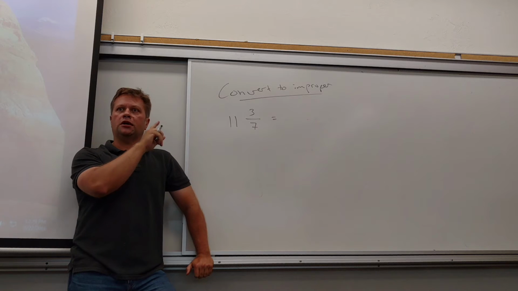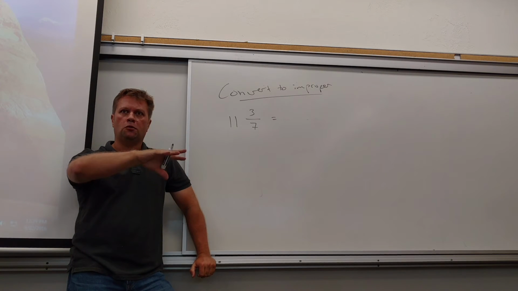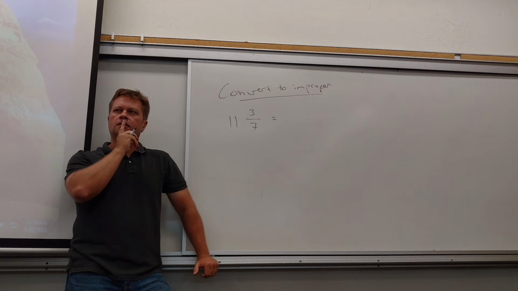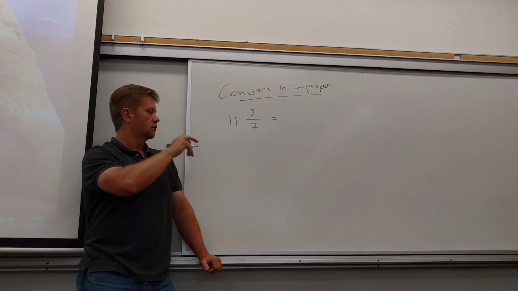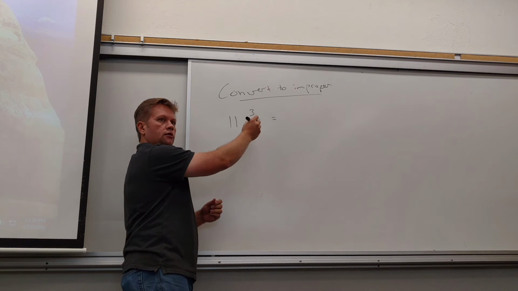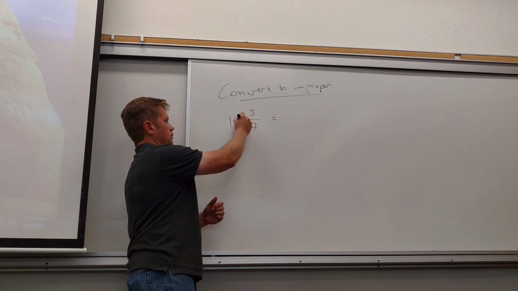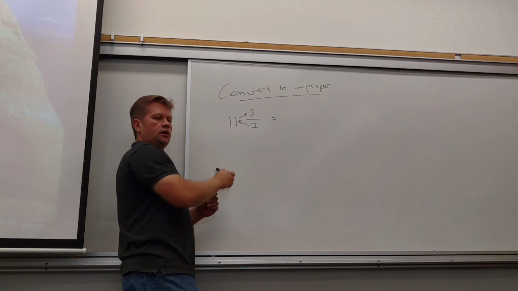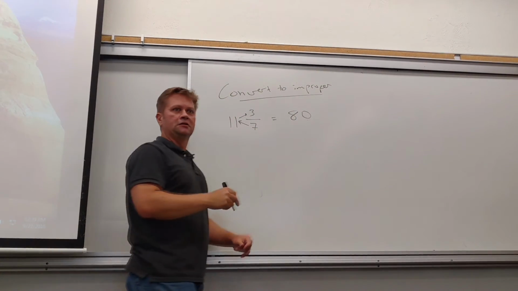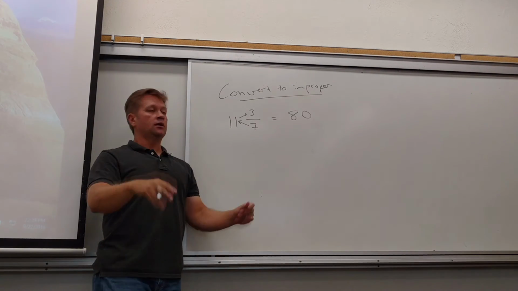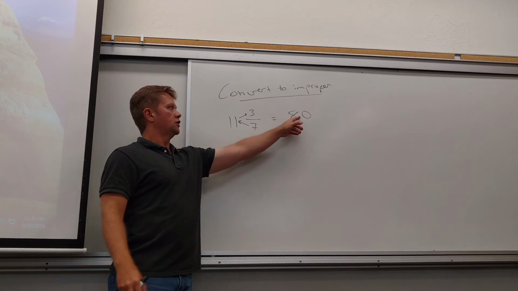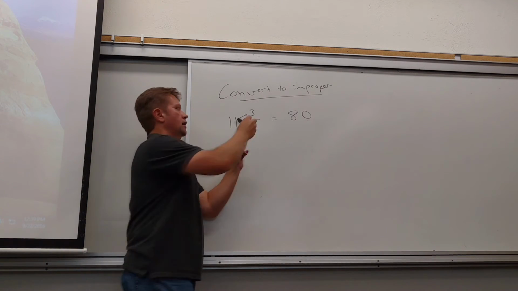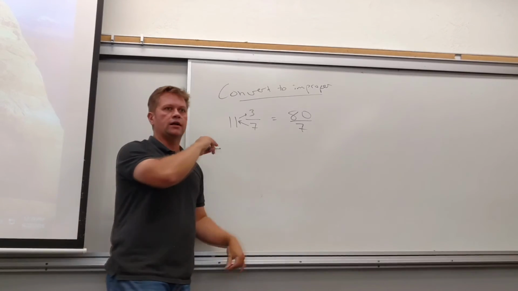You can just use the shortcut now. But I desperately want people to know why it works. It's no good just knowing a bunch of shortcuts. That doesn't mean you know math. You need to know why they work. So what is the shortcut now? 7 times 11, plus 3. 80. This is really neat. That's magic. I have $11 3/7. Now I have $80. So what am I missing? 7. Yeah, 80 over 7. The over's got to still be there.